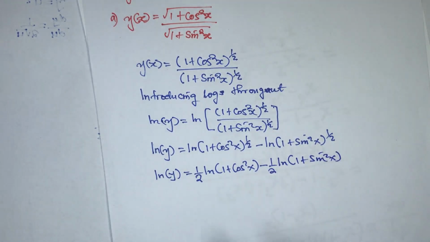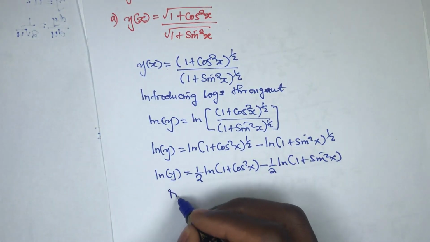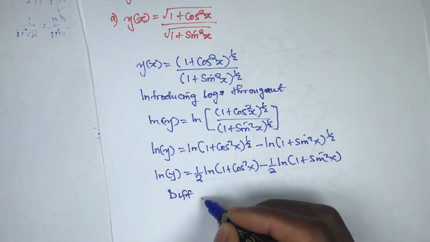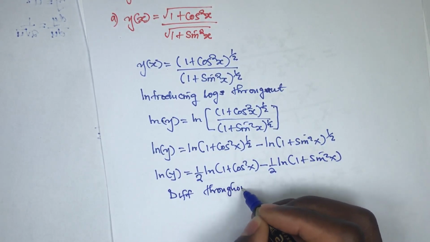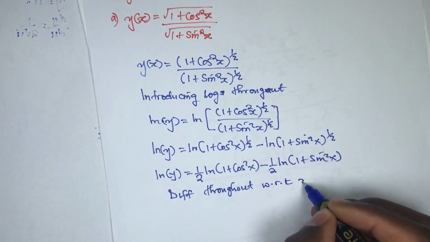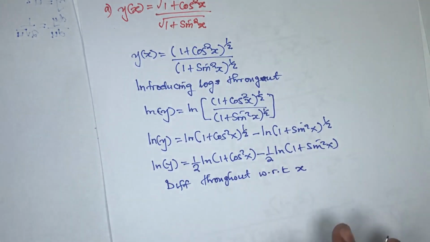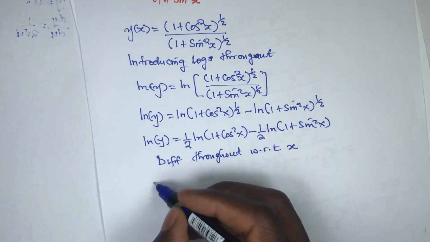Now, after we've done this, we're going to differentiate throughout with respect to x. When you differentiate throughout with respect to x, we just write the notation showing that we're differentiating with respect to x.